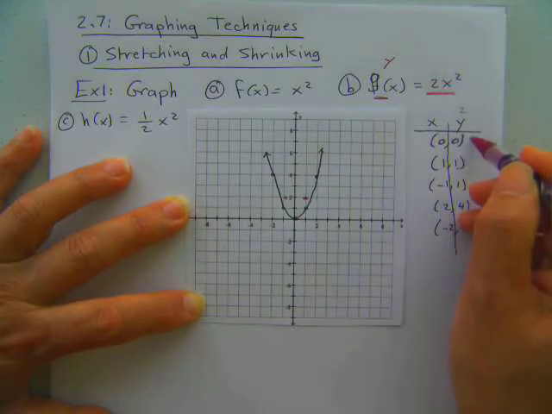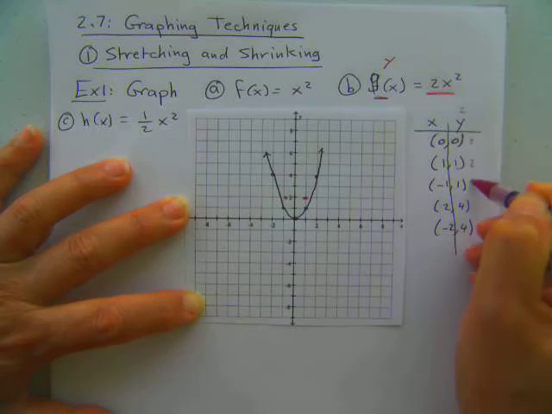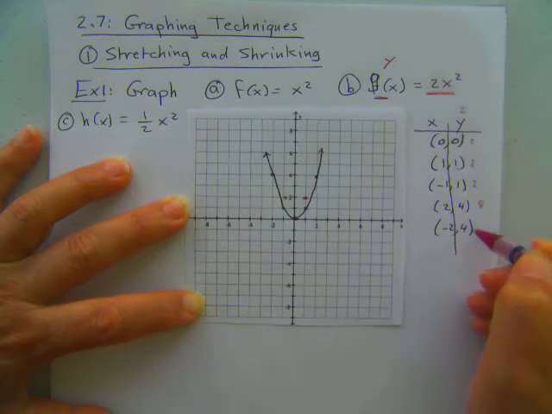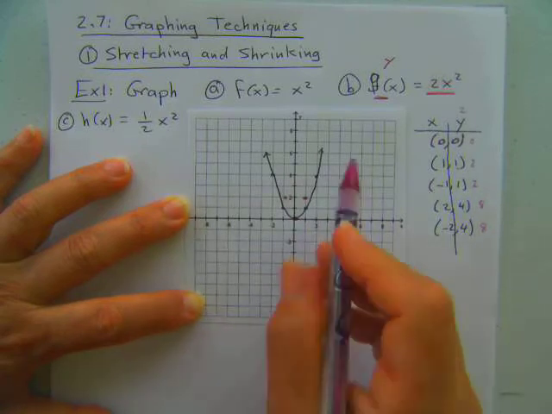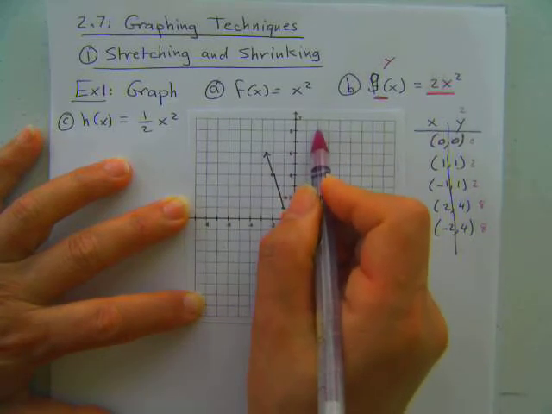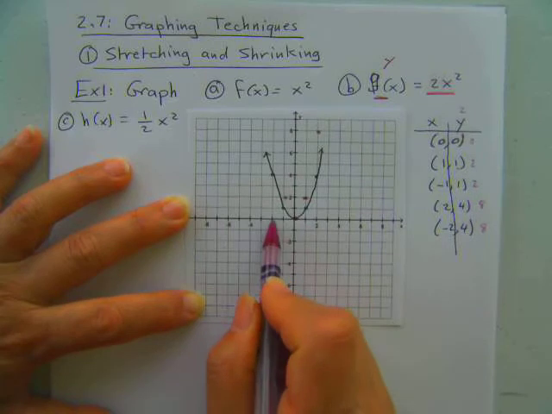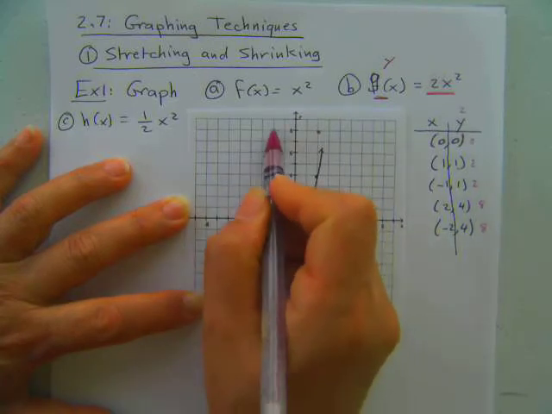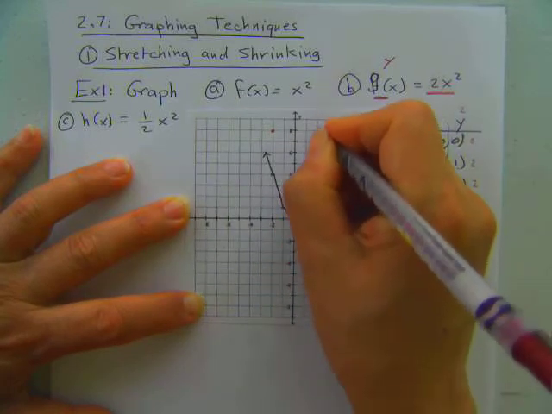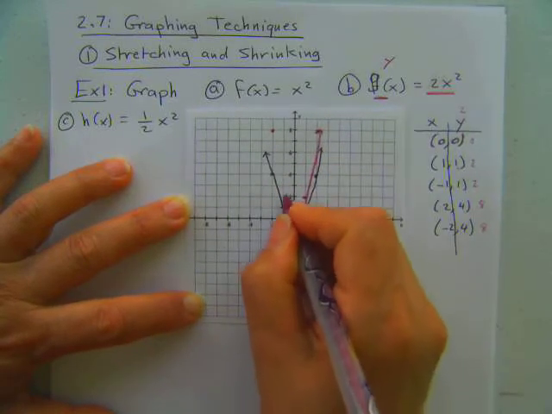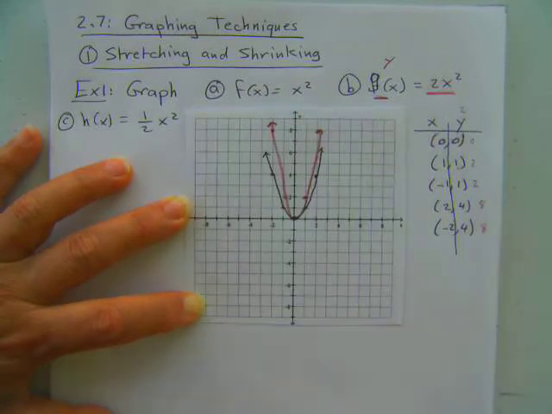Each one of these is multiplied by 2, multiplied by 2 is 8, right? So when x is 2, y is 8. And when x is negative 2, y is also 8. So let's look at this parabola in red. Okay? Good. Then we'll have the conclusion.